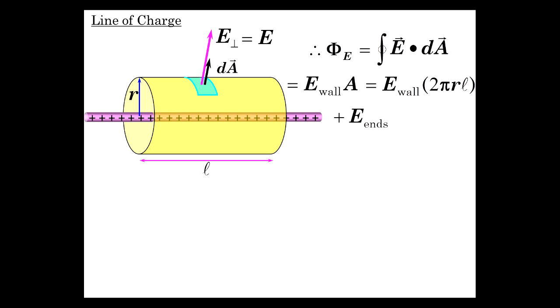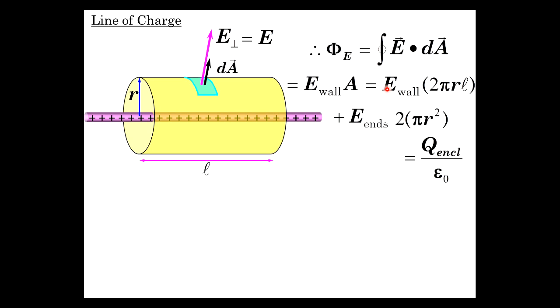But there's something else. There's the ends. So these end caps have to be considered as well. There's one hidden over on this side to make it a closed surface. Well, this is easy because the electric field on the ends, there's two of them, so multiplied by 2, pi r squared is the area of the ends. But what is the electric field through those end caps?